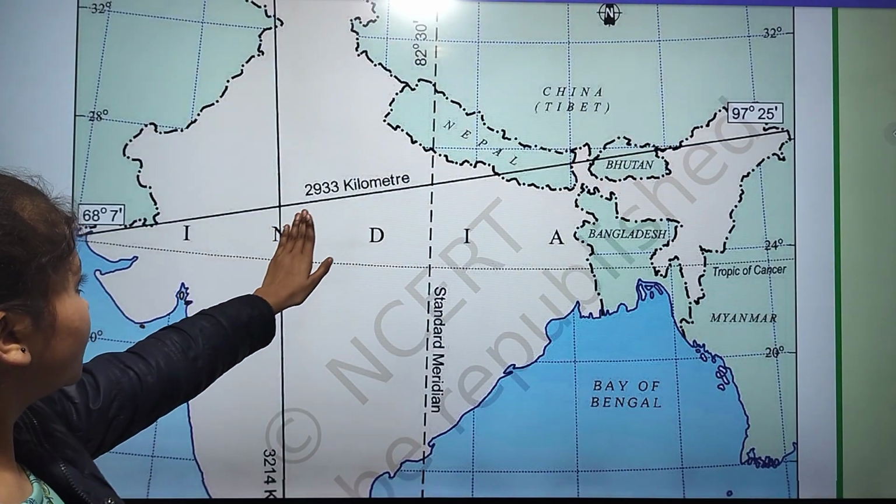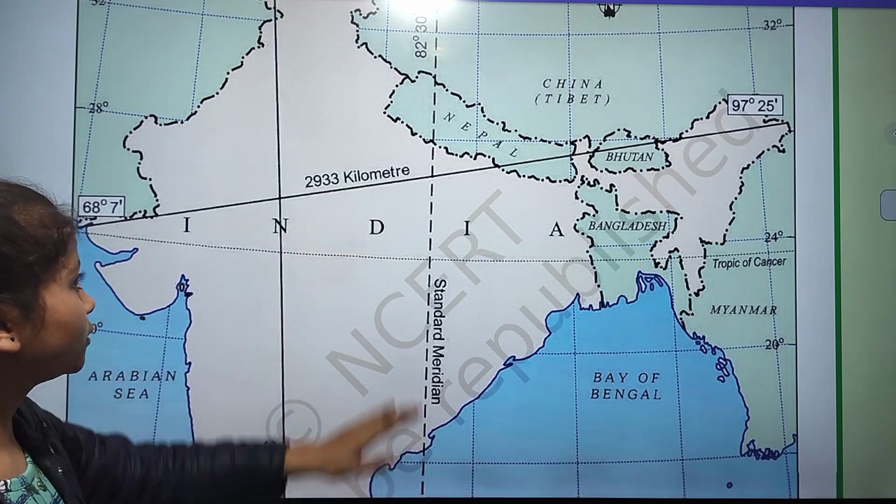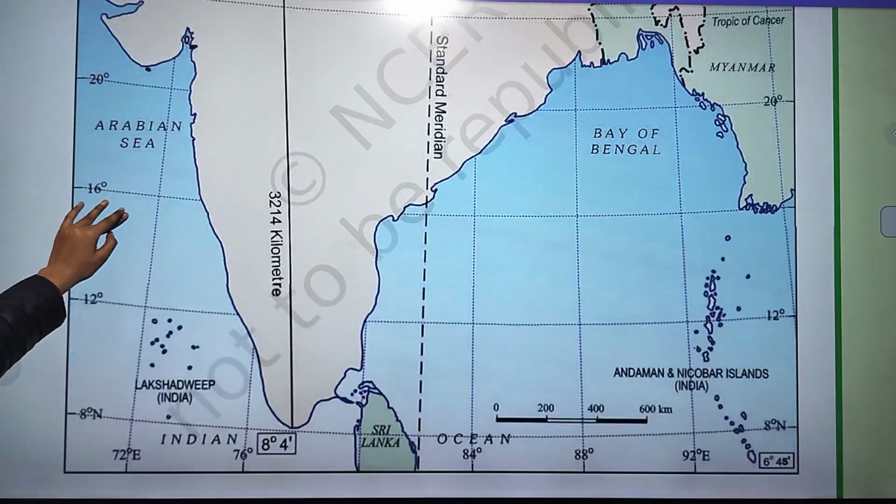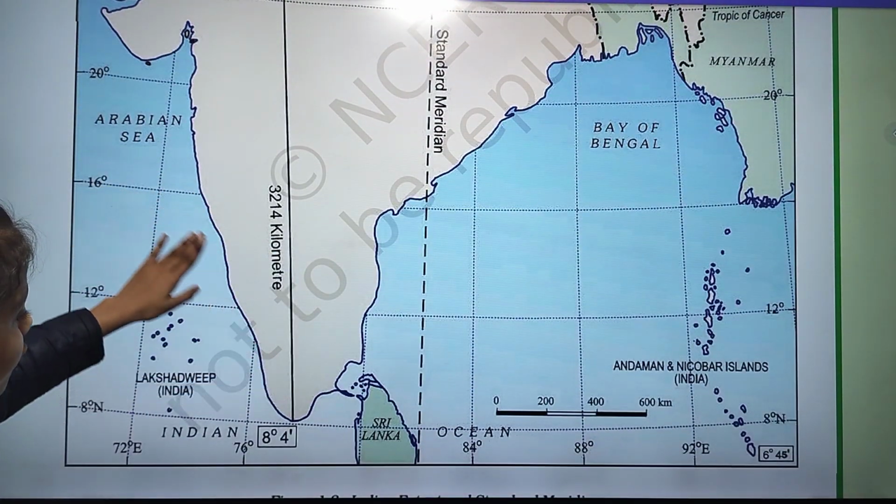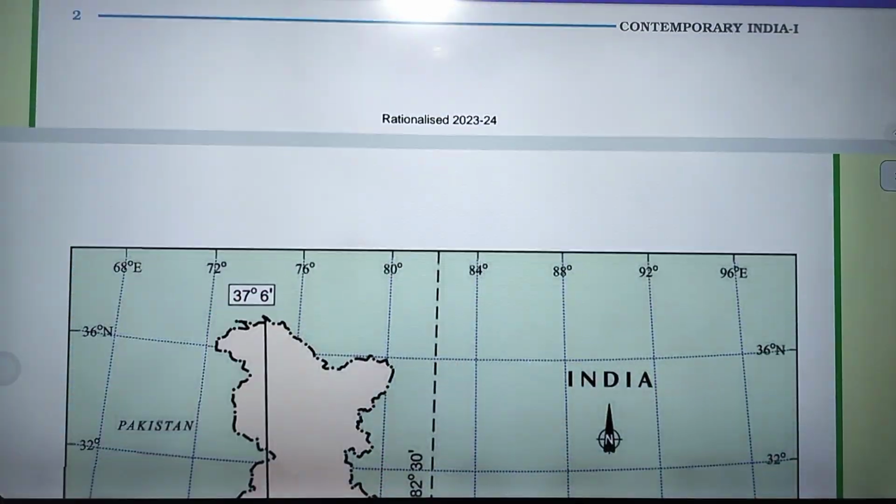This one is approximately 2933 kilometer, and this one is 3214 kilometer. This is the total extent.